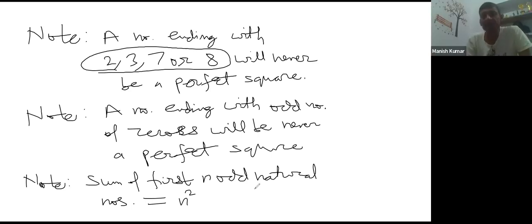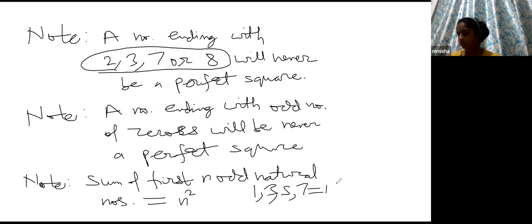If I am taking numbers as 1, 3, 5, and suppose I am taking 7 here, now I want the sum of all these numbers. What will be the sum of these 4 numbers? 16.